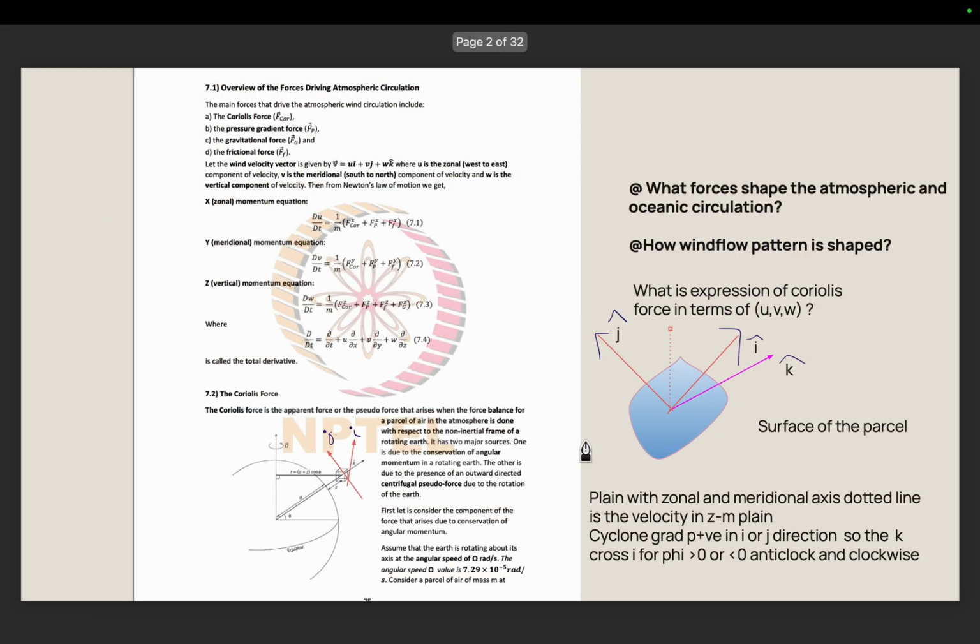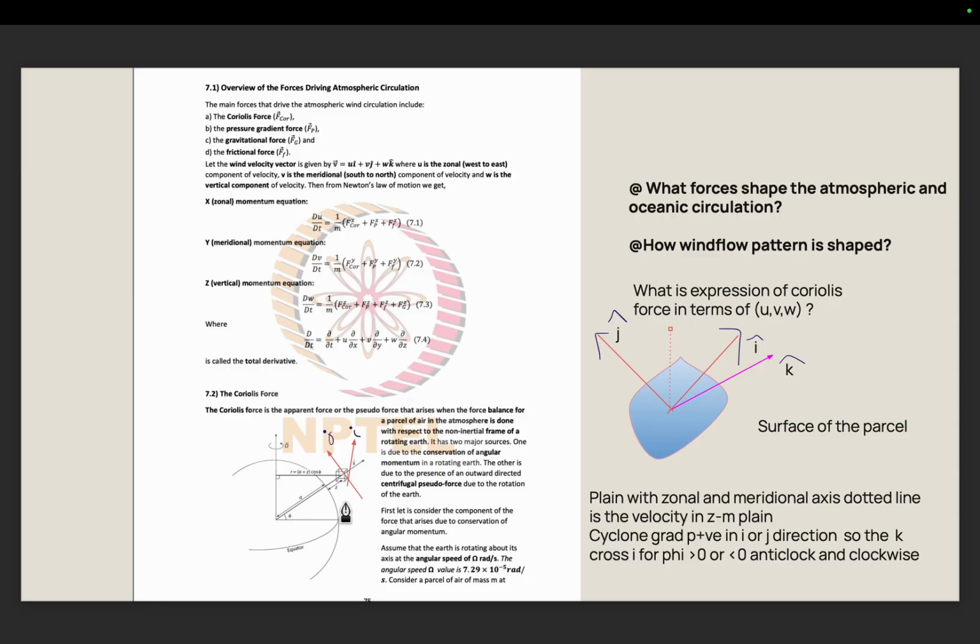So for deriving the movement of any air volume, you have to first consider a small parcel of air. Just put that small parcel of air in some location of the northern hemisphere or the southern hemisphere.